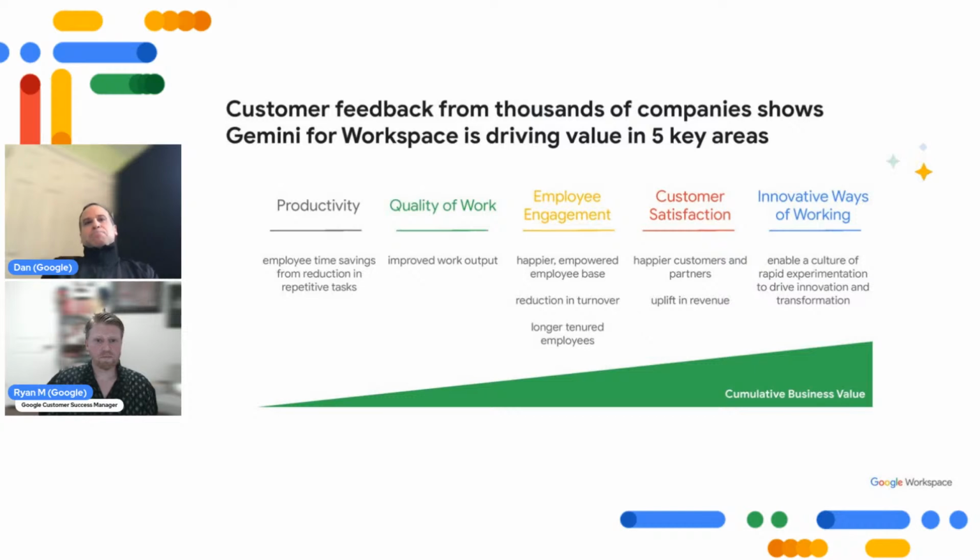So here we're seeing that value is being delivered for individuals and customers, whether it's increased employee retention, increased customer satisfaction, or just new and additional value that's being realized. The question is, how do we sustain the gains?